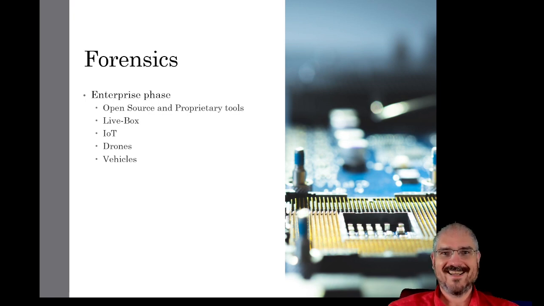Everything seemingly, the people who make all these different products are trying to connect them to the internet somehow. And every time that happens, that means that there's going to be some kind of digital evidence that might be found on it. Everything from thermostats to watches, health devices like the Fitbit, refrigerators, video game systems, everything connects to the internet now, and thus everything is kind of one of these potential sources for digital evidence.